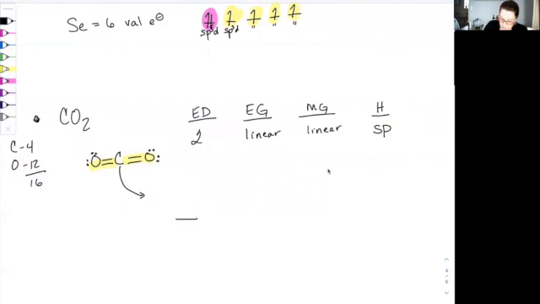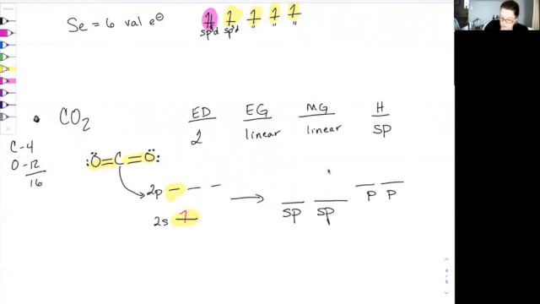We start off with one 2s orbital and three 2p orbitals. We combine two of those to make two sp hybridized orbitals. Oop, that got gigantic there. And we have two p orbitals left over, p and p.